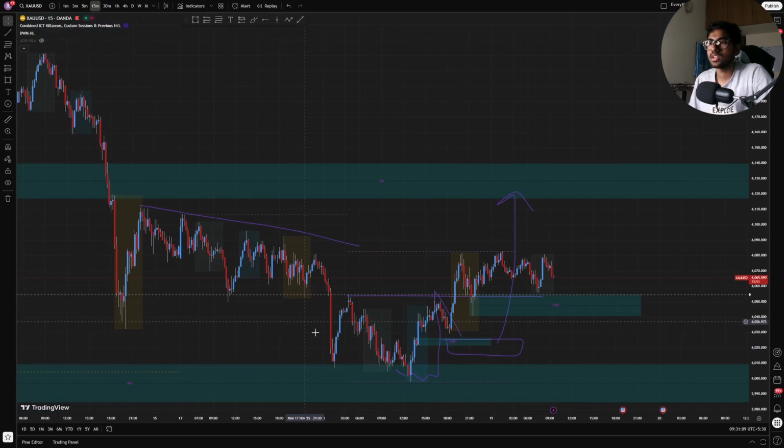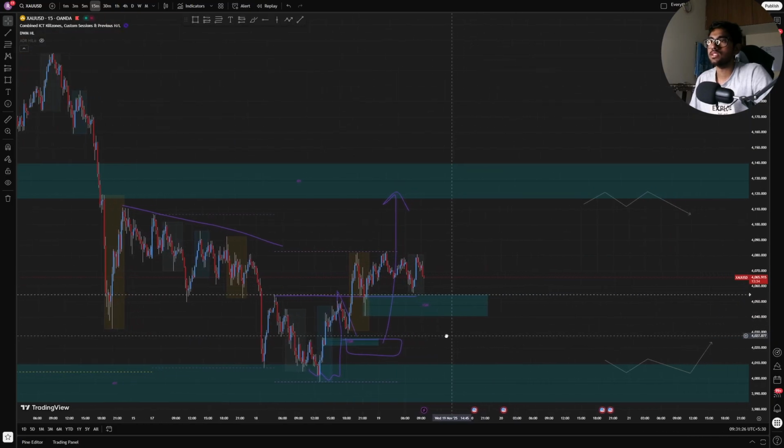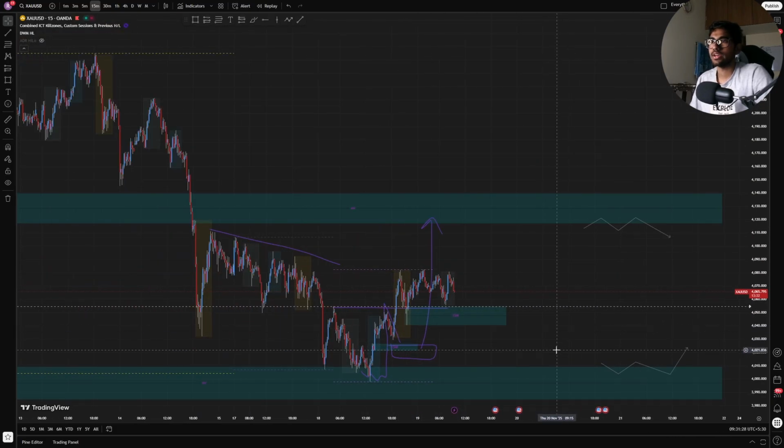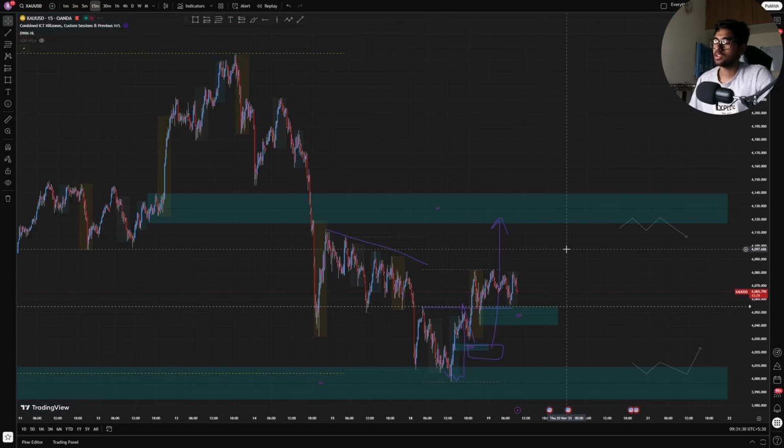We still haven't got the retest, so I'm keeping this alive. If this order block fails, I'm going to be looking at this one and then potentially the one right below it as well. So this is my plan for today for gold.